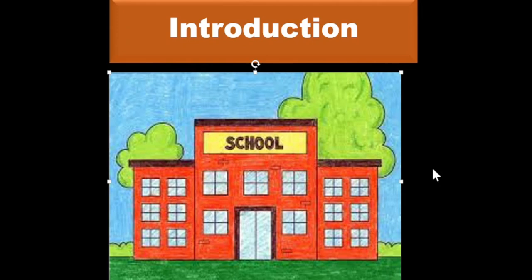Which means you must have used something to scale down the size of the building or any object you are drawing. And sometimes too, you may be asked to draw an object that is very small, a tiny object, and when you put it on the paper, it will be very big, even bigger than the object itself.